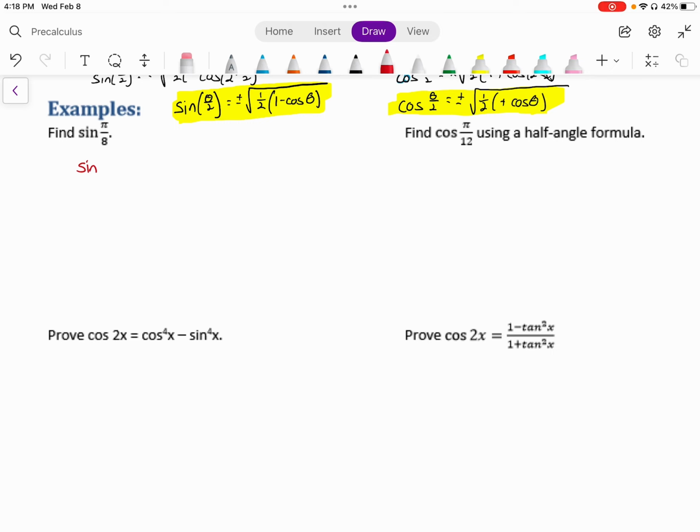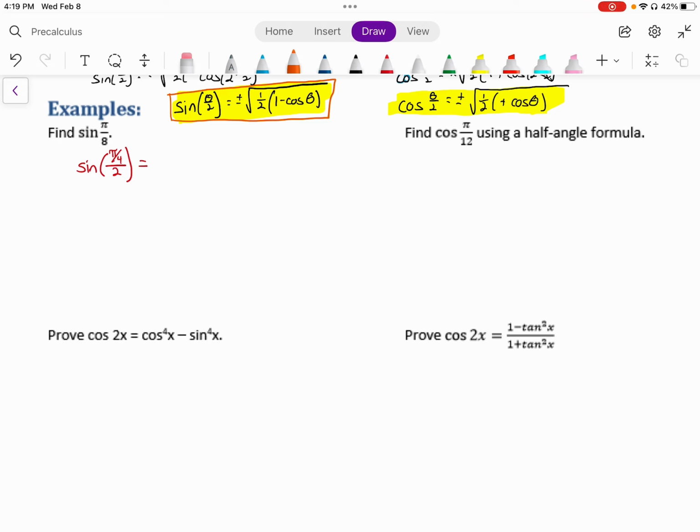So we're really finding half of 45, or in this case, we're doing this in radians. So this is half of pi over 4. So what we do is we rewrite this as pi over 4 over 2. And the reason we're writing it this way is because we are familiar with sine and cosine and tangent of pi over 4. We know those values. So all I have to do is look to this highlighted part right above.